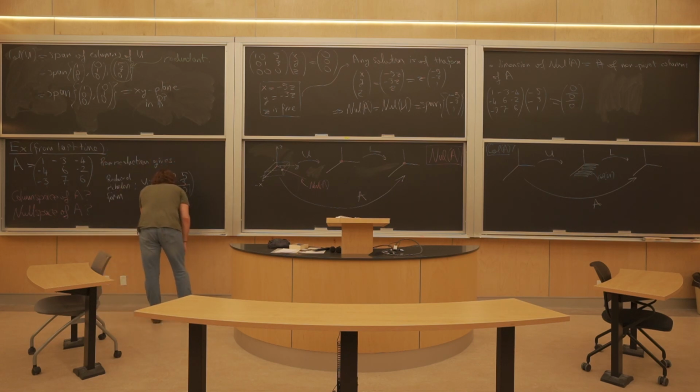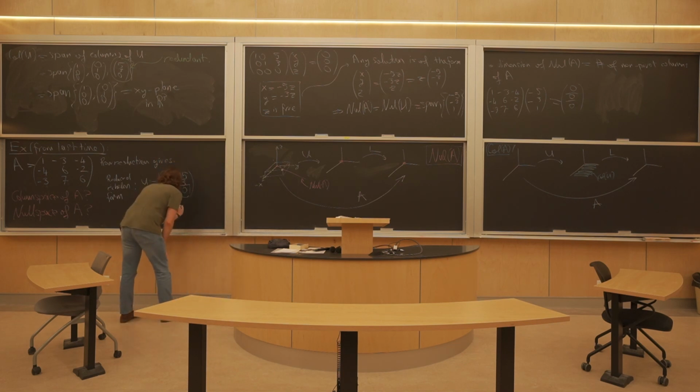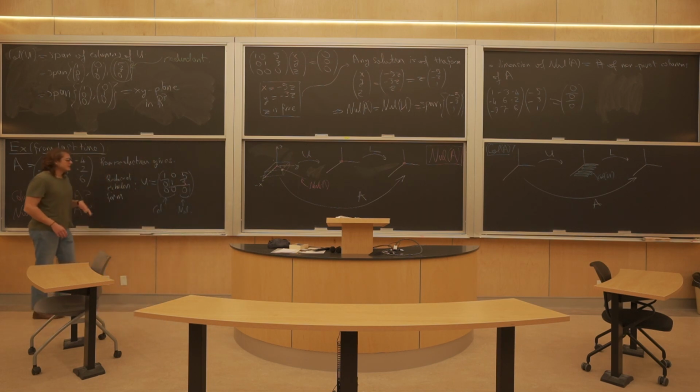Okay? So the pivot columns are about the column space. Non-pivot columns are about the null space. I'm going to write this down explicitly in a second once we're done with this. So, of course, I erased L, but I have it written down somewhere.